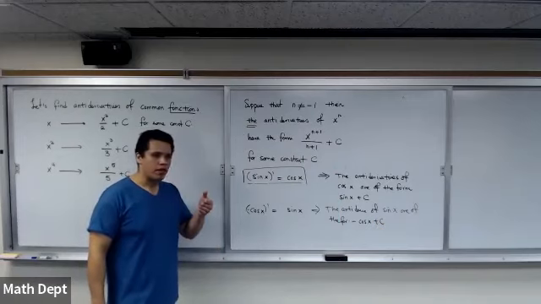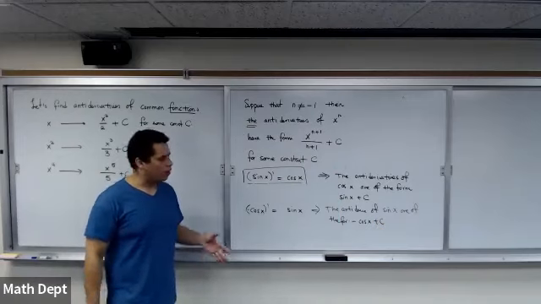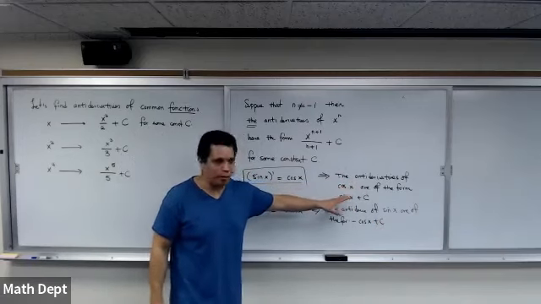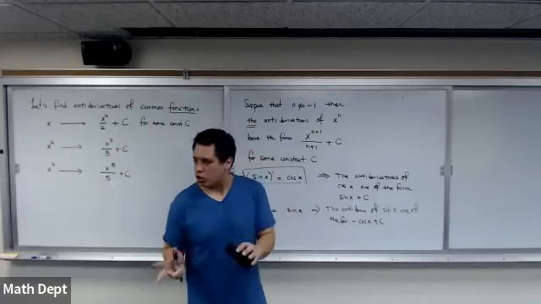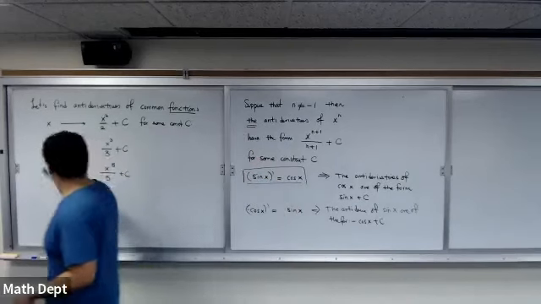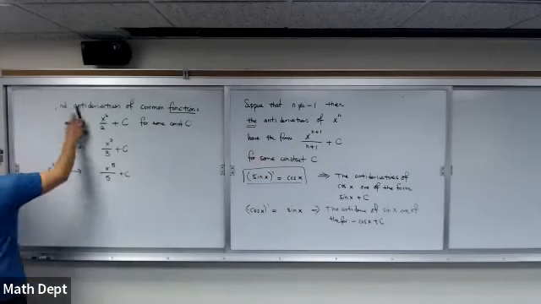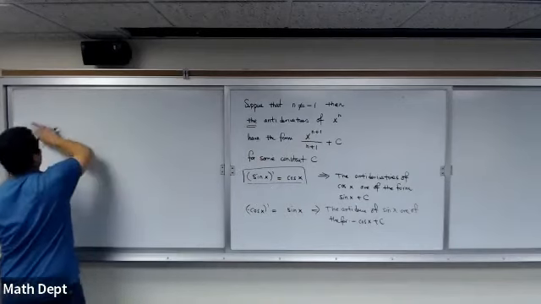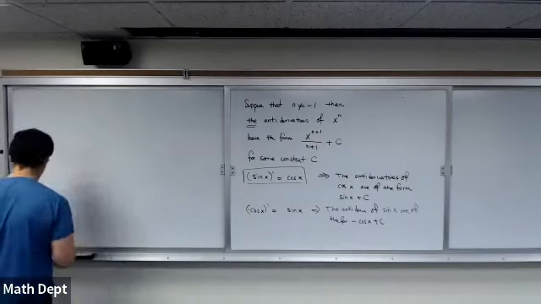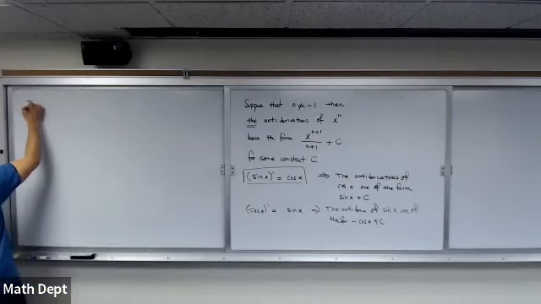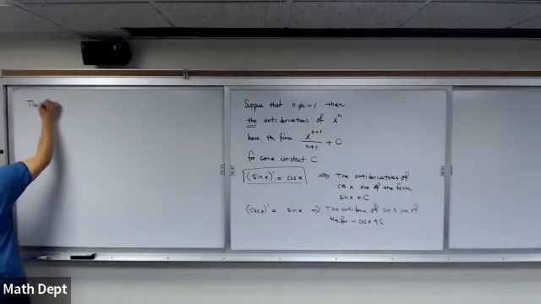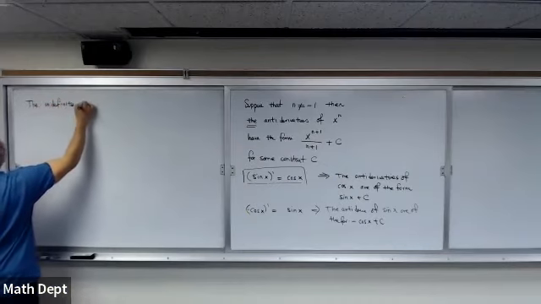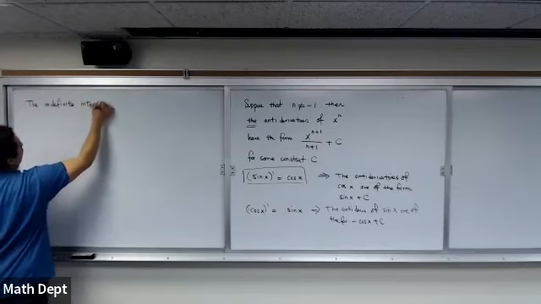Now, you may not find it in this fashion because writing this is quite cumbersome. But for that, we introduce this symbol, which is probably the one that you have seen. The indefinite integral sign.